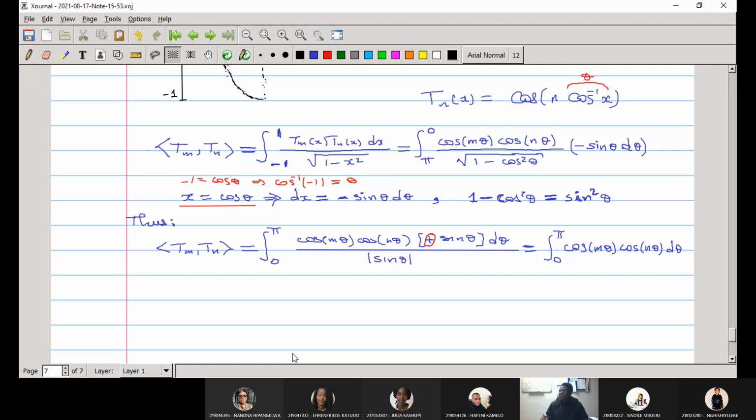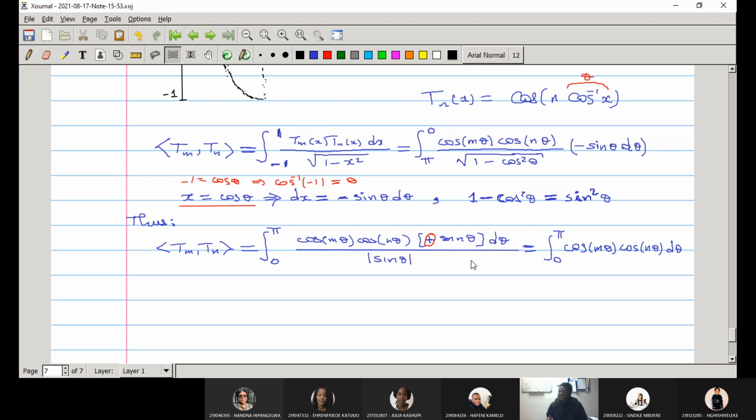All right, so that will be absolute value of sine theta. Now you need to know that theta here is between 0 and pi. Of course, between 0 and pi, sine theta is positive, so we can remove the absolute value. Otherwise, you will not remove it like that.